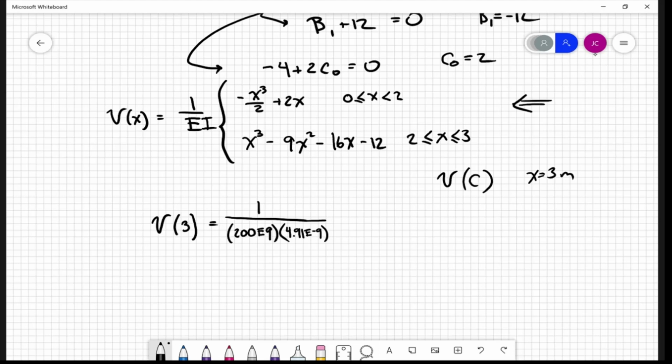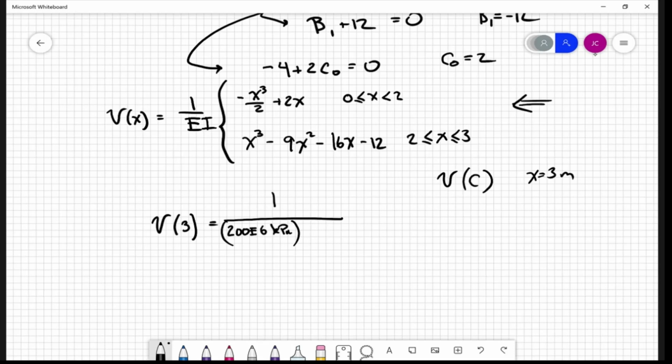Let me put units on here just to be careful. I'm being a little sloppy here. Let me do my units. I know it's 10 to the 9th pascals. I'm going to use 10 to the 6th kilopascals, and you'll see why later on, right?